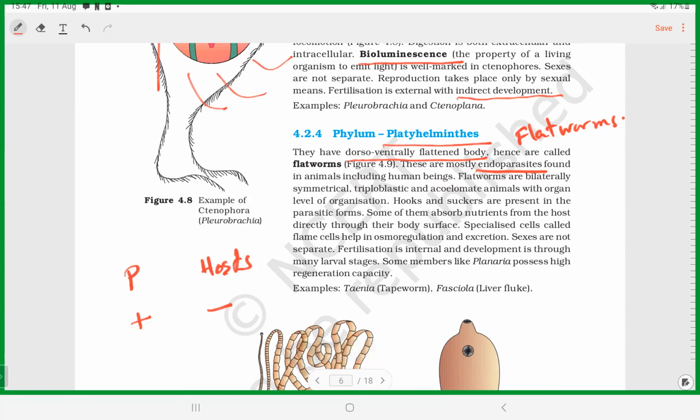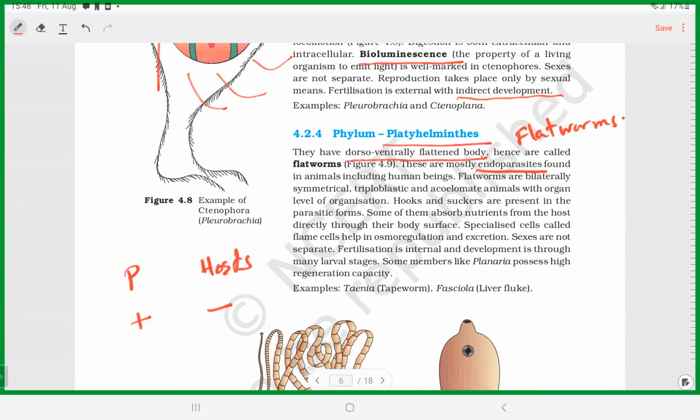Endoparasite means they stay within the body, within the system. Ectoparasite means they are present outside the system. For example, endoparasites can live in the digestive tract, in your brain, meninges, lungs, kidney, whatever.